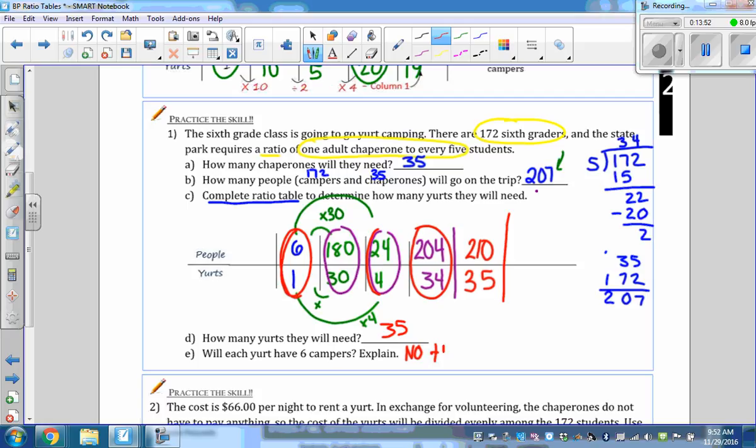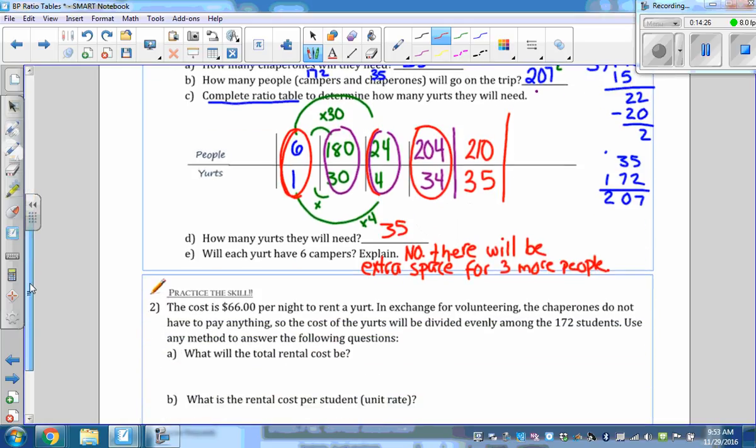So there will be extra space for 3 more people. And that's the idea of a ratio table.